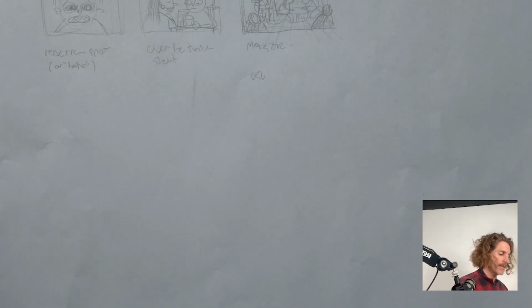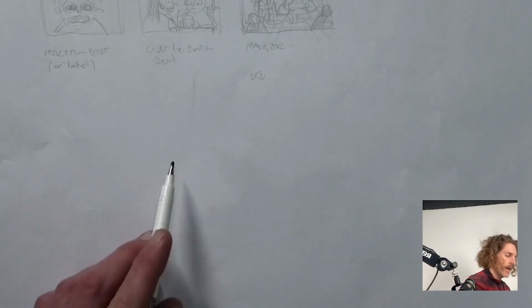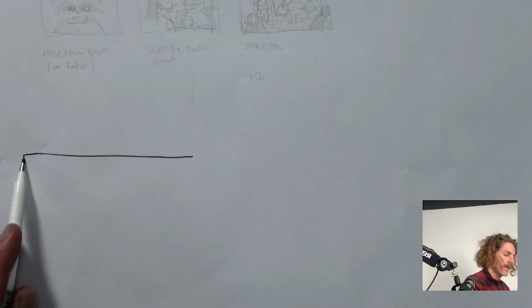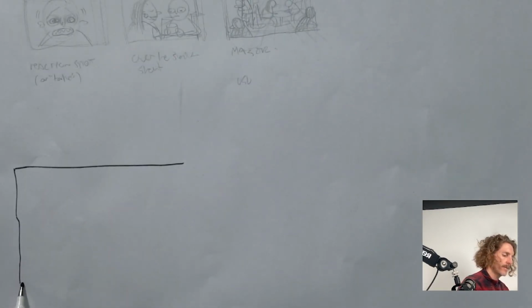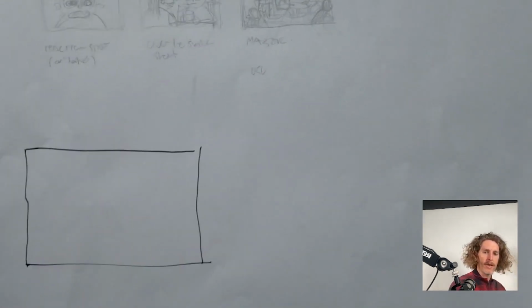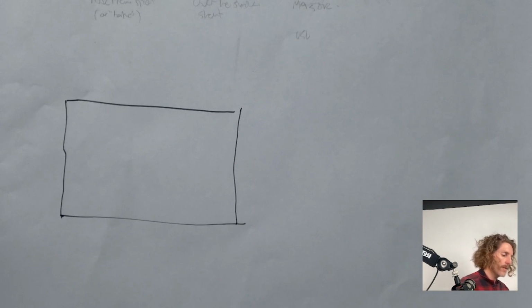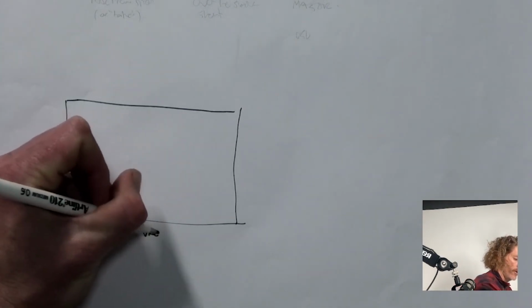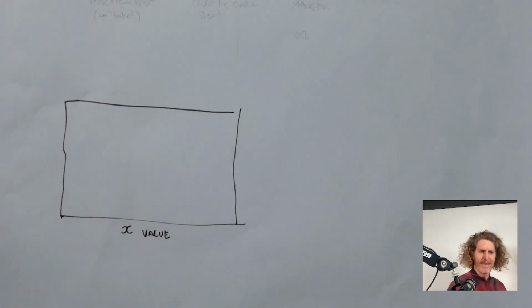Okay, so let's imagine your shot has a width and a height, and the width is something we would call the x value. Oh no, he's getting into algebra. He's doing algebra.